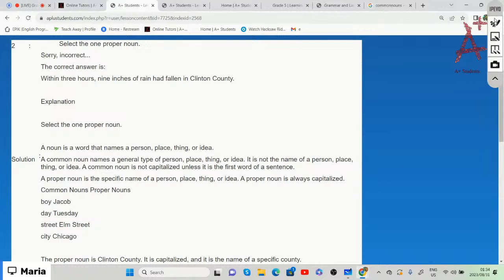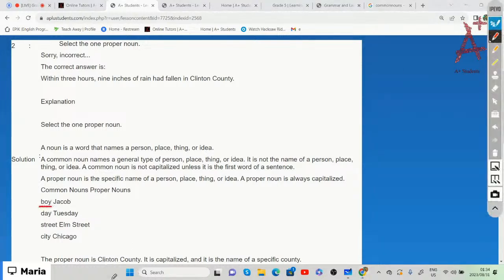We said with common nouns we, for example, say boy. You can generalize: this boy can mean any boy. If there are five boys standing in line and you say the boy was talking, I won't know which boy was talking because there are five boys.